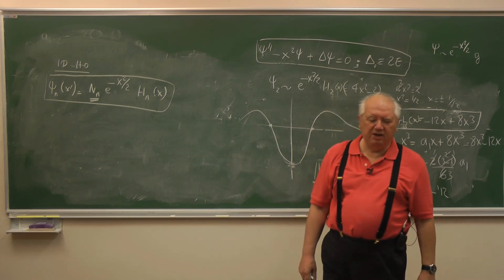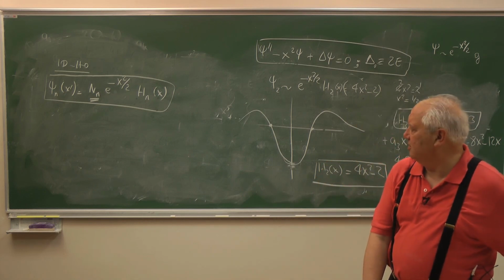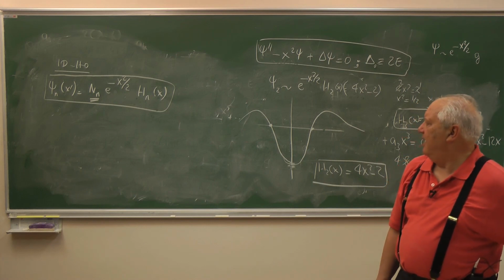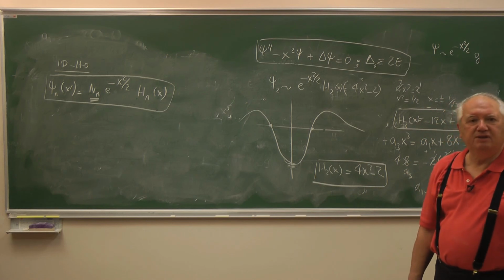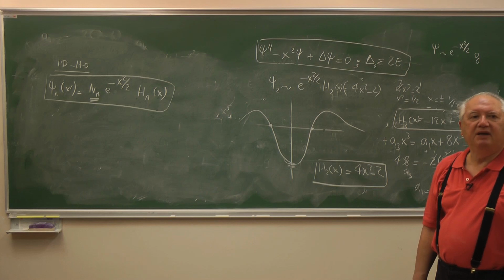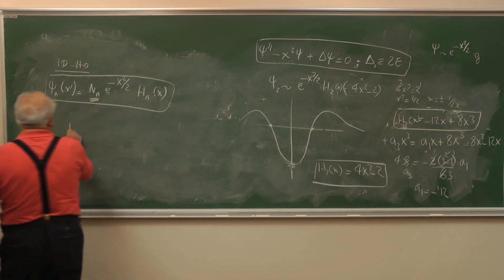From the generating function, we'll be able to find the recurrence relations between the Hermite polynomials. And from the recurrence relations, we can again obtain the differential equation. So we started from the differential equation.